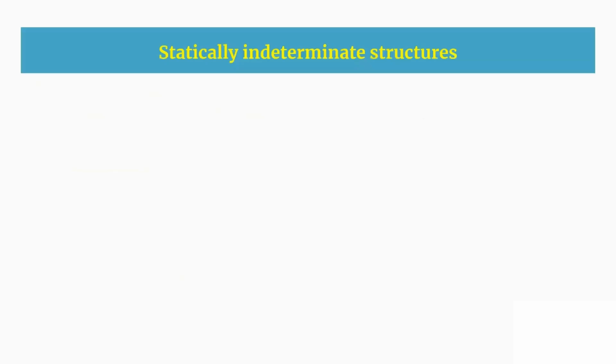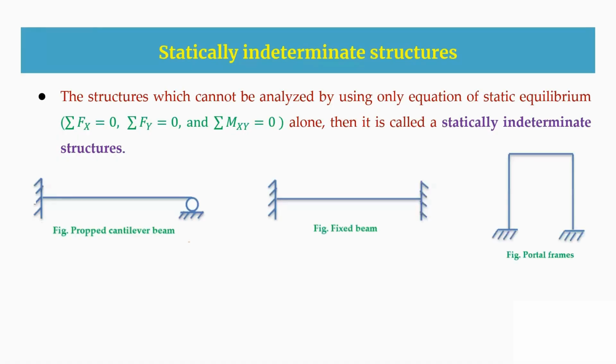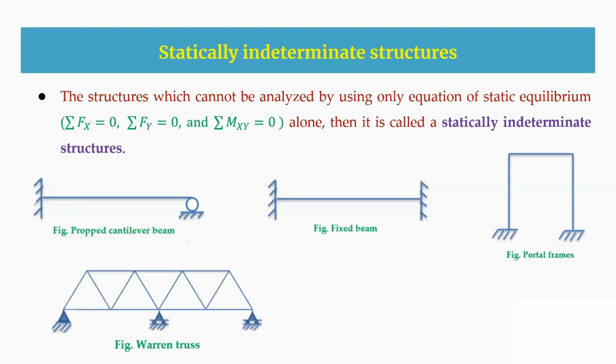Now coming to statically indeterminate structures. These are structures which cannot be analyzed using the static equilibrium conditions alone. Now you can see examples like a propped cantilever beam, a fixed beam, portal frames, a Warren truss, and a continuous beam.